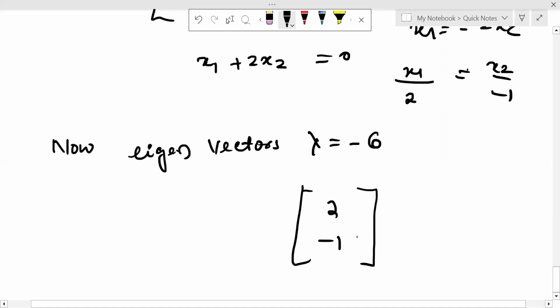So these are the eigenvectors. Okay, so we have to evaluate the eigenvectors of this matrix. Okay, so thank you to all.